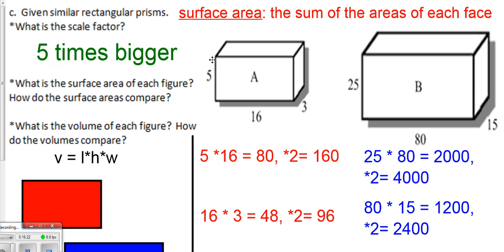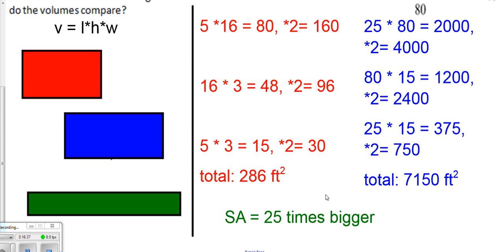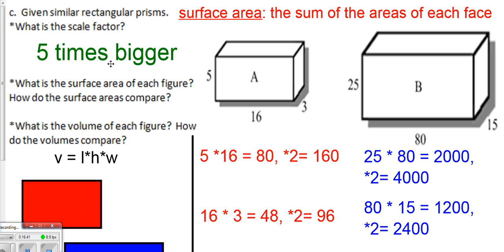So although our side lengths go 5 times 5 is 25, 3 times 5 is 15, 16 times 5 is 80. So the scale factor is just times 5. The area factor is going to be 25, or this 5 squared.